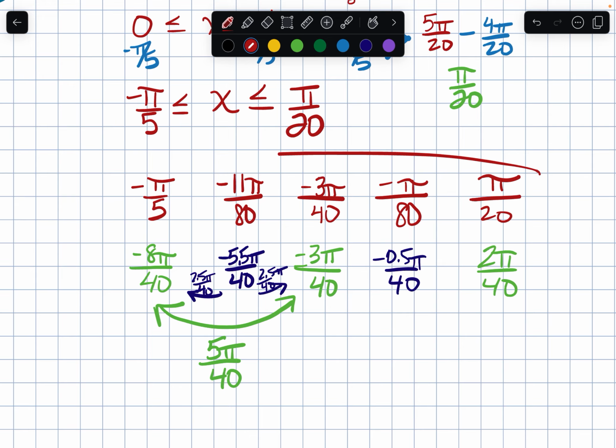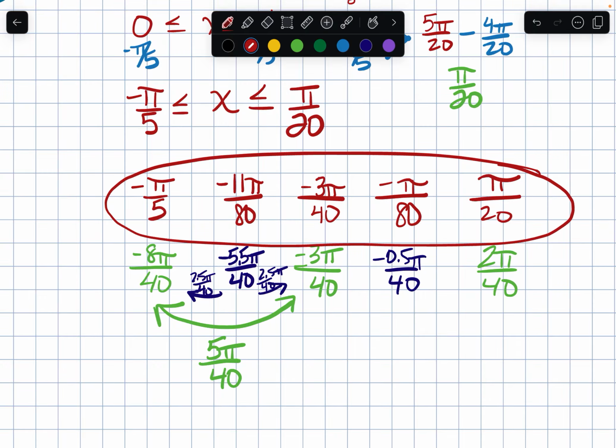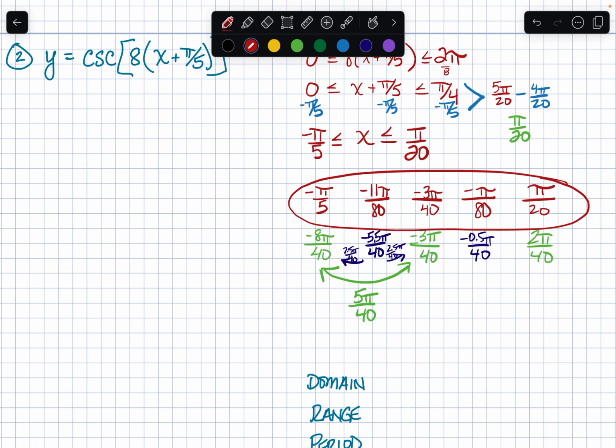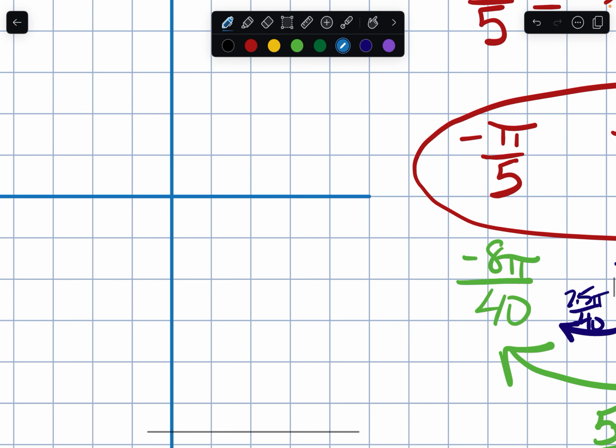All right, so these 5 numbers, notice 4 of them are negative, 1 of them is positive. So when I go over here to draw my graph, my x-axis is going to be towards the right-hand side. Since normally I count every other block, pi over 20 is going to be 1 block over this way.